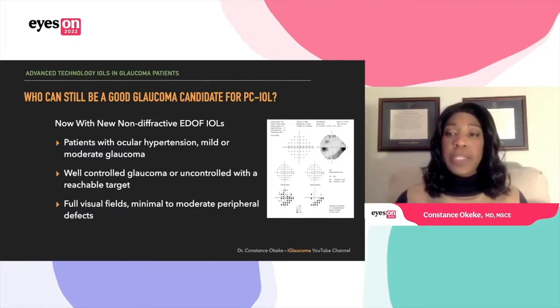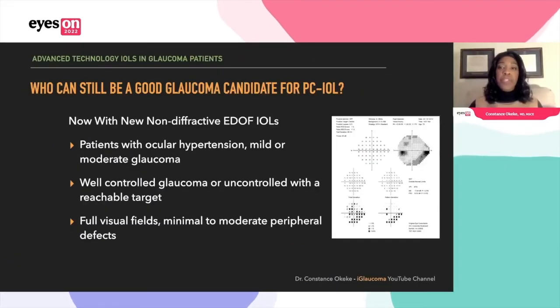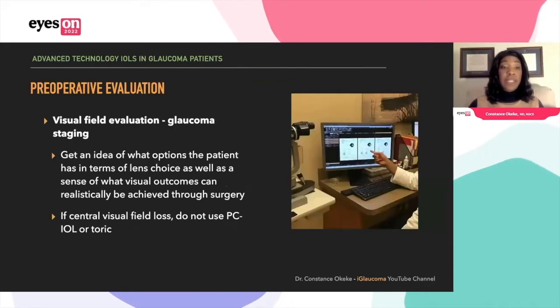Their visual fields, like seen here, with some peripheral defect, and maybe more mild to moderate, maybe in both hemispheres, but still peripheral. These are patients that have been, at least in my experience, in my hands, showing signs that they can do well with this type of technology.